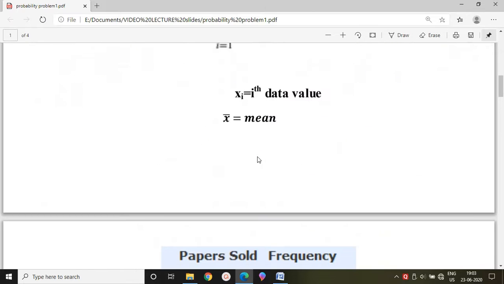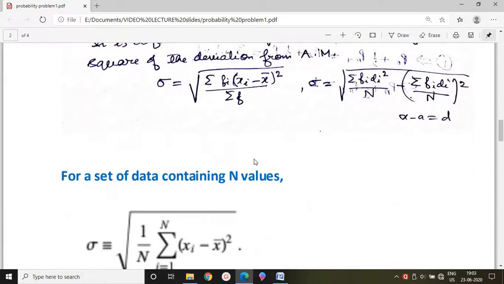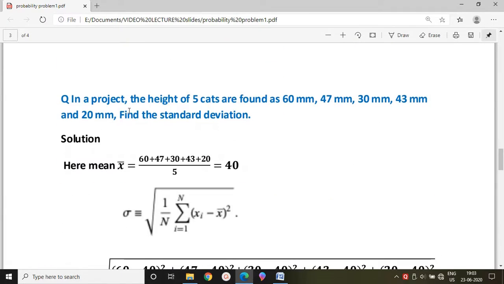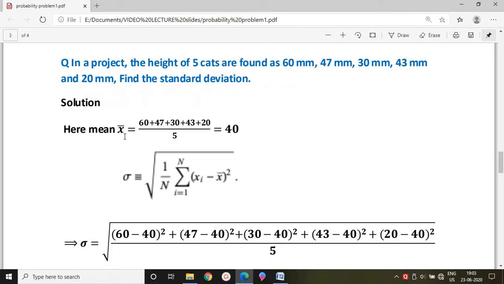For example, let me show you this. Say in a project, the heights of 5 cats are found to be 60, 47, 30, 43, and 20 mm respectively. You have to find the mean. So mean is denoted by x bar. What are the data?